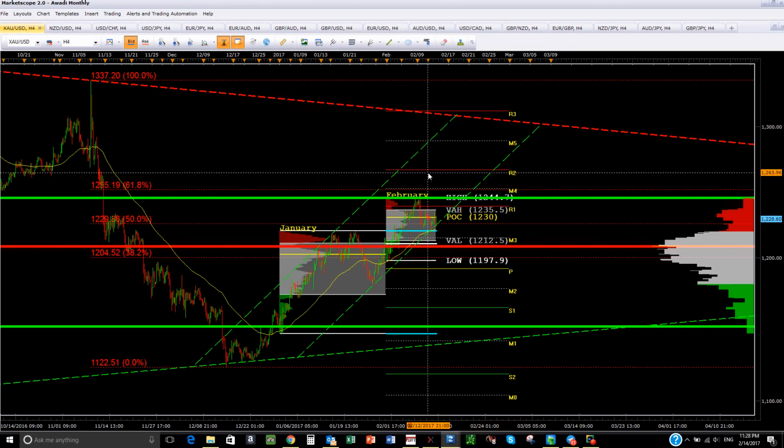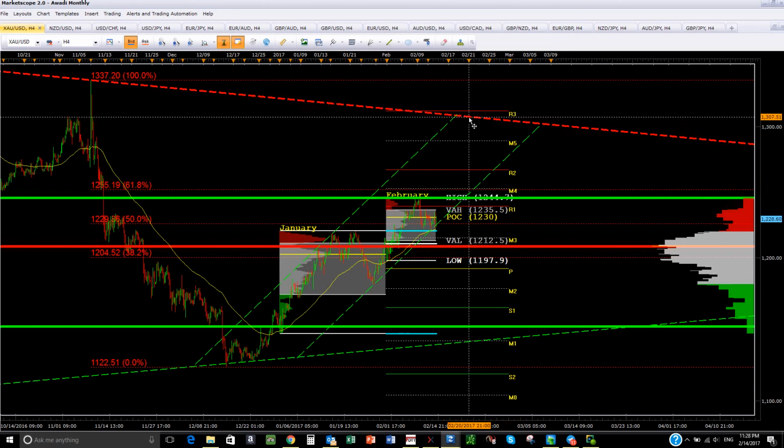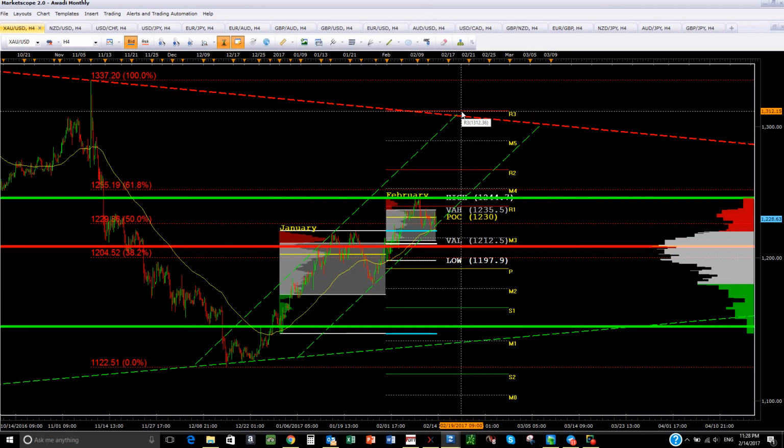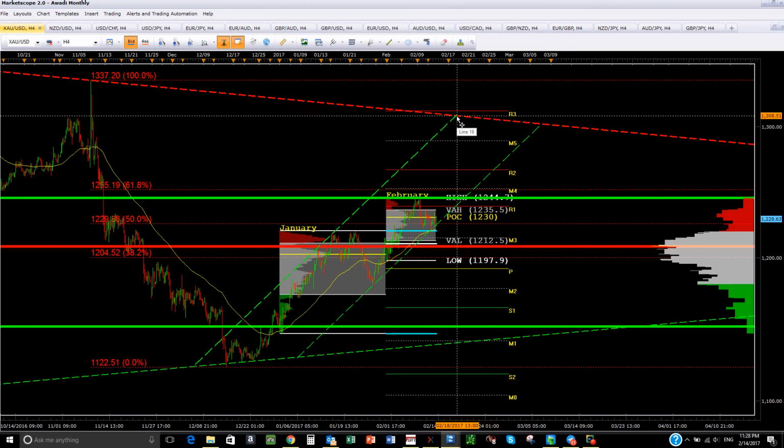So I will keep long inside this price channel until my target is hit, maybe at that resistance at 1312, and I will buy for it. When the price is reaching here, maybe I'll sell, or I will wait for any confirmation.